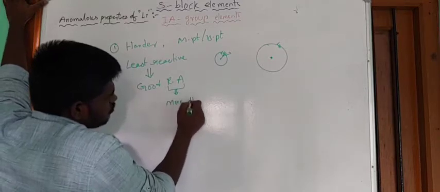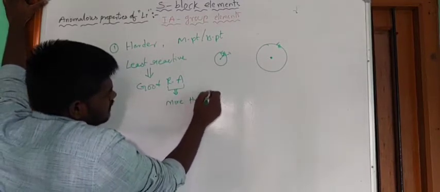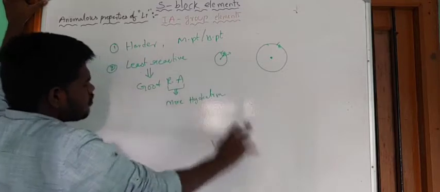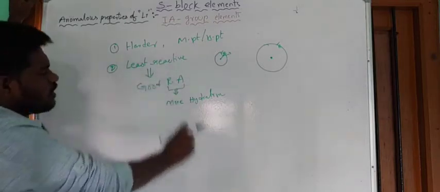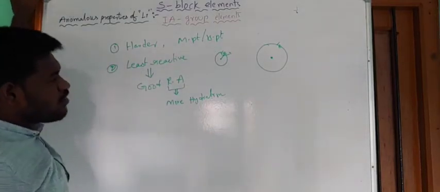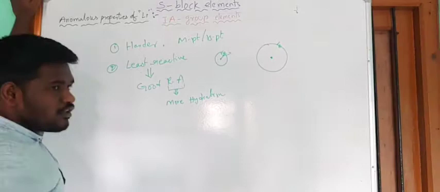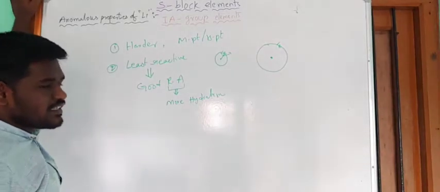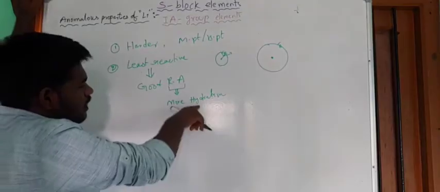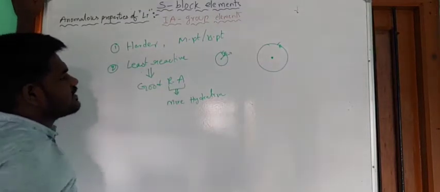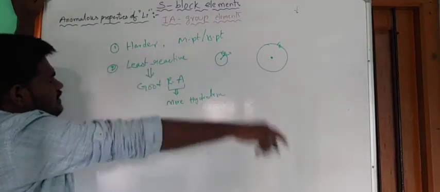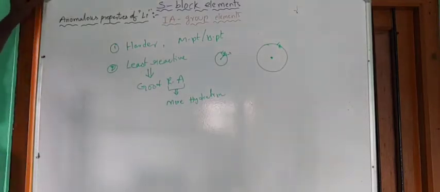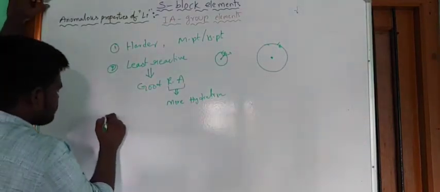Because of the small size, when it is dissolved in water, the lithium ion is surrounded by a number of water molecules and liberates a large amount of hydration energy. So due to the high hydration energy, it acts as a good reducing agent, even though it has the least reactivity.